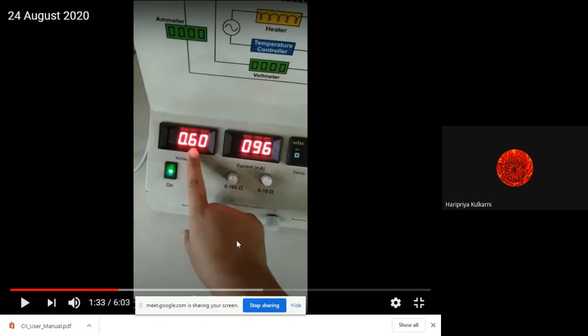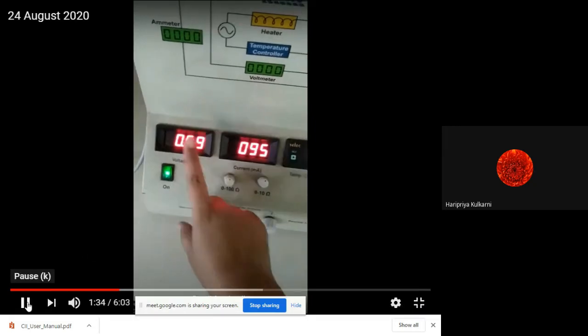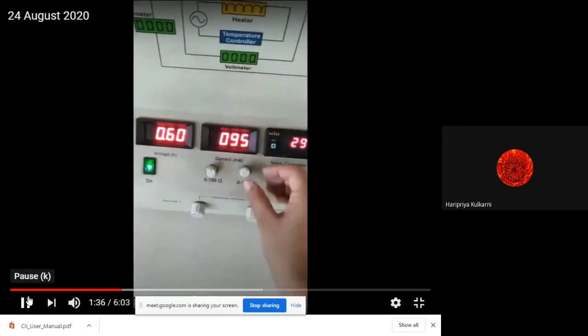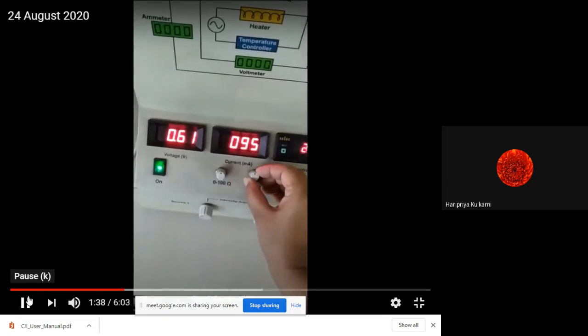So we are studying the characteristics. All readings we are taking at 25 degrees centigrade. So next reading is 0.6 volt and 96 milliampere. Let us move further. Again we have to vary the load and take down the next reading.